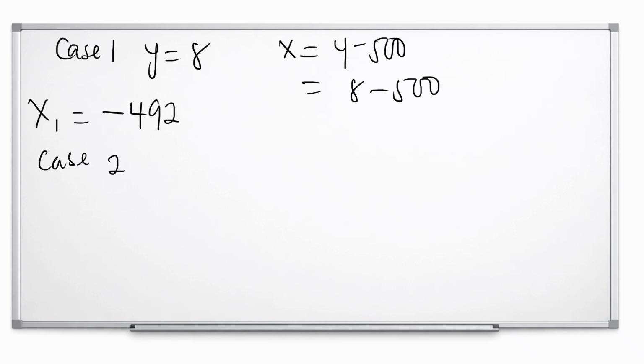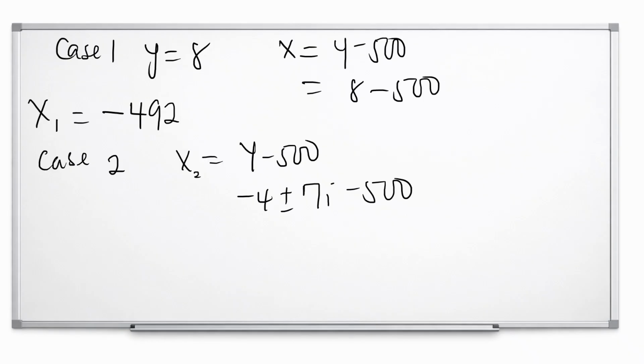We have case 2. Also, we have x = y - 500. And here, y in this case is going to be -4 ± 7i, minus 500.